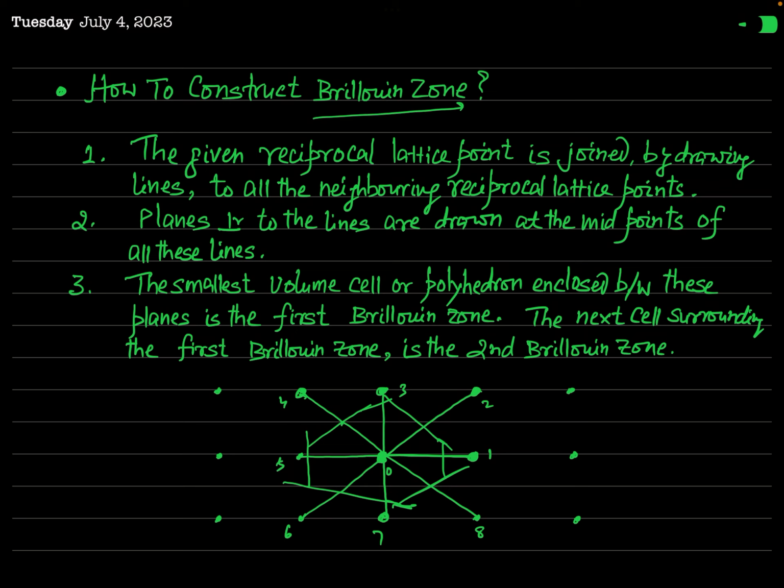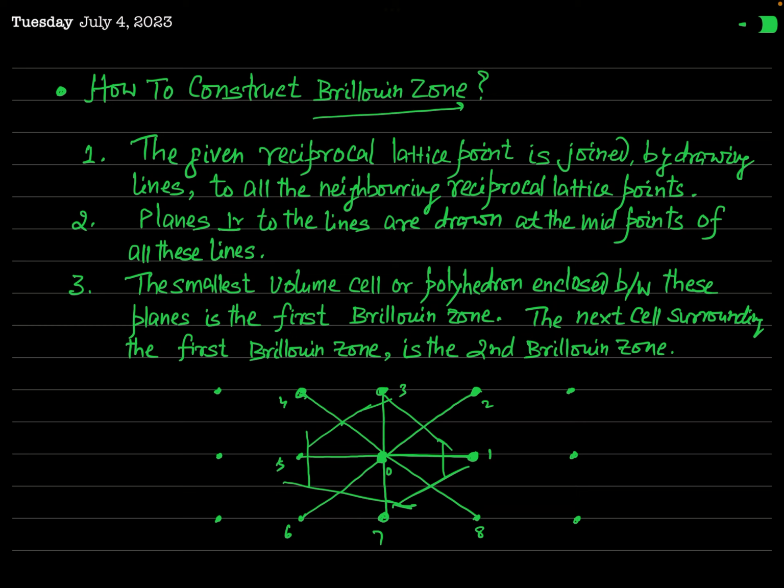These are the reciprocal lattice points which are closest to this reciprocal point lying at O. It means there are no other lattice points in this reciprocal lattice space which are closer to this lattice point at O than these lattice points.